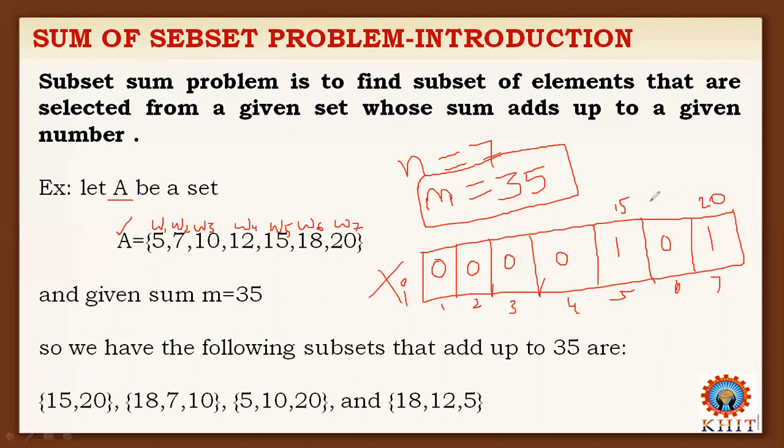If I add both weights 15 and 20, I get 35. This is 35. So the total sum is equal to M. That means one solution is generated.